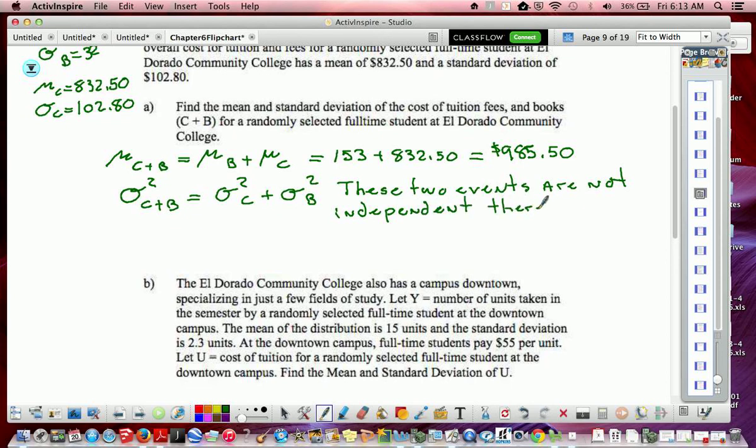Therefore, we cannot calculate the standard deviation.